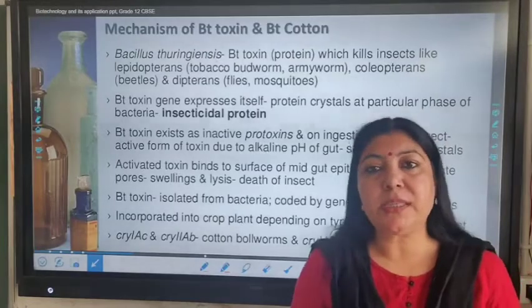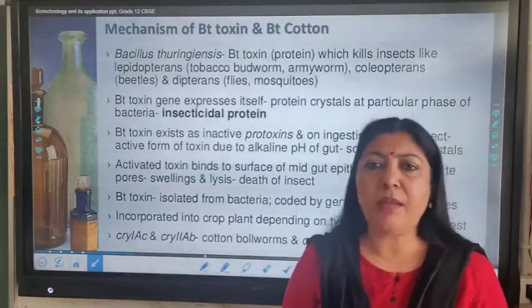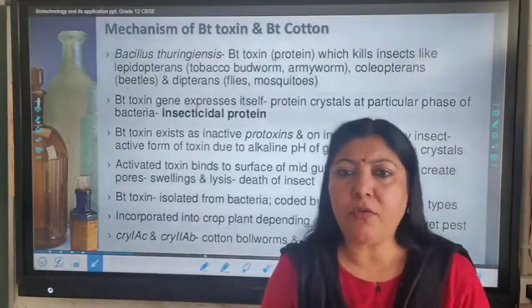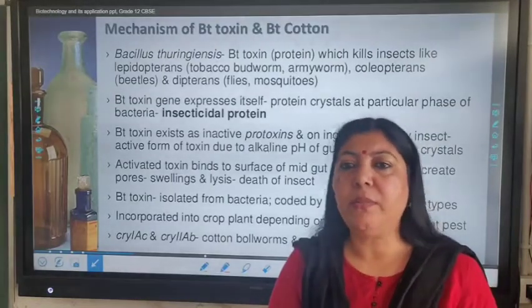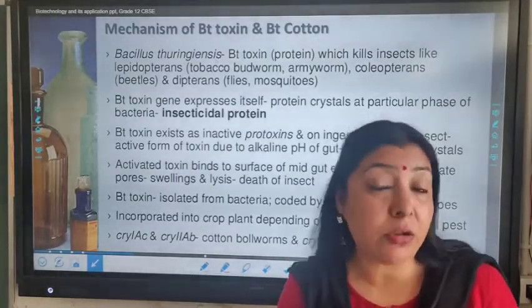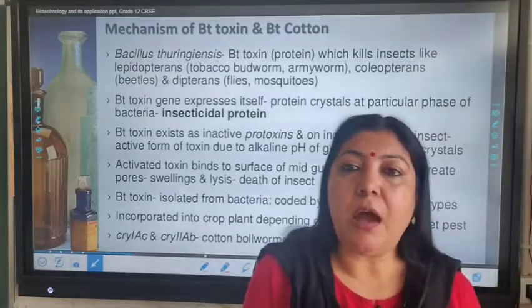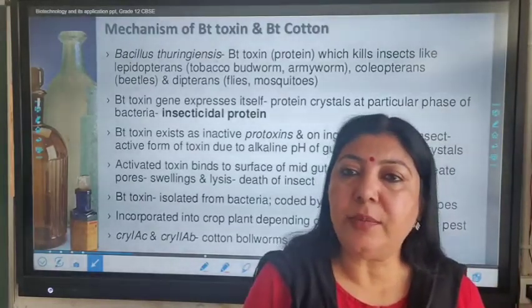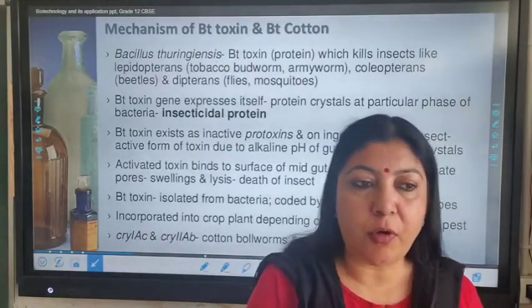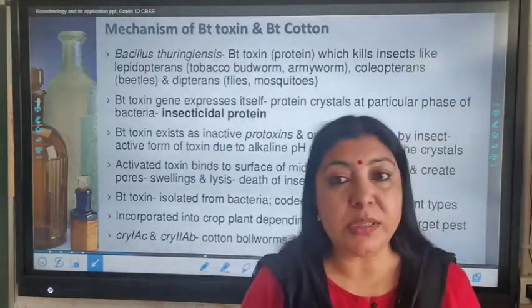Though this method is very successful, there are still many controversies regarding Bt, because many ecologists think that Bt might be very harmful when it is ingested by animals in the form of fodder or even by humans.